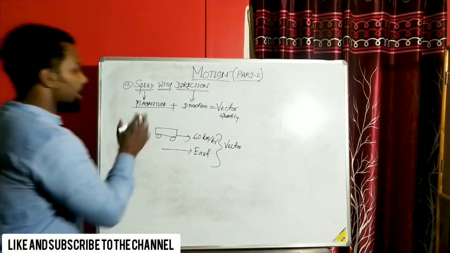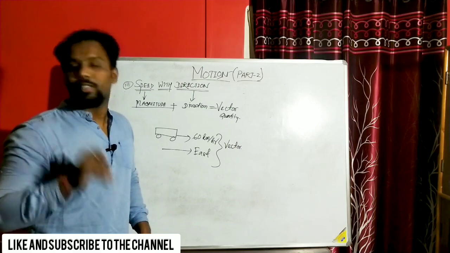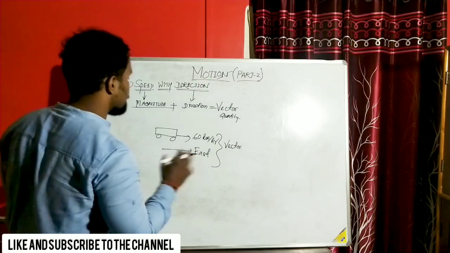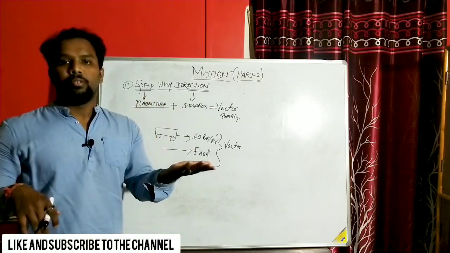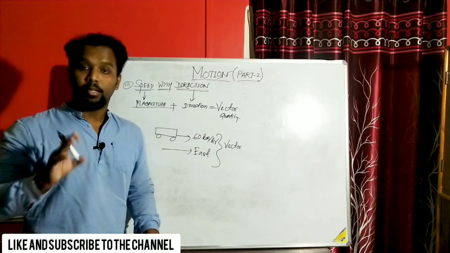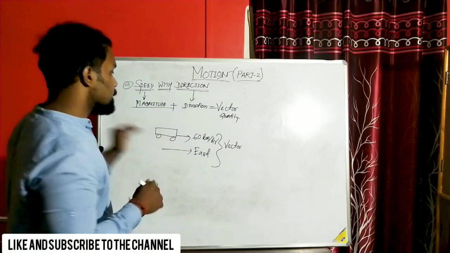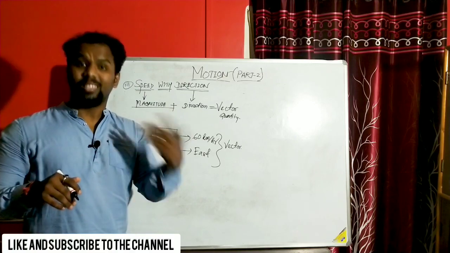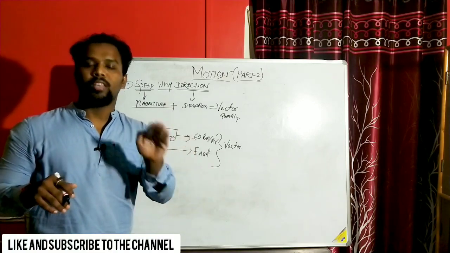And that vector quantity is known as, I hope you know that, velocity. Whenever we give direction to speed, we get velocity, but the definition of velocity is different. The definition of velocity is the rate of change of displacement per unit time.